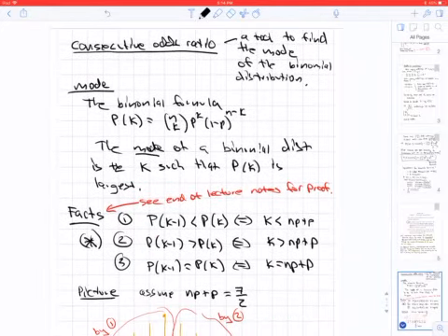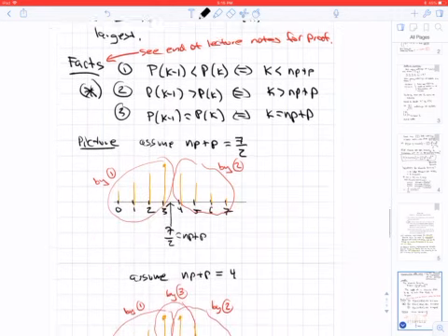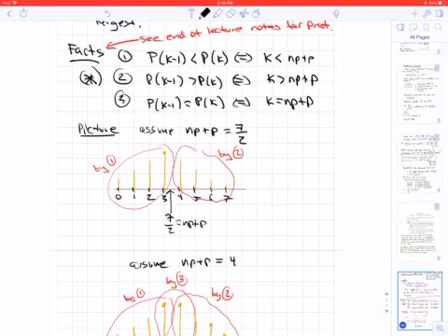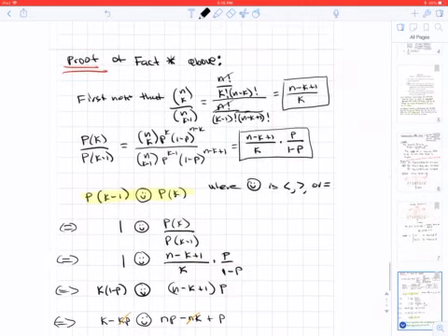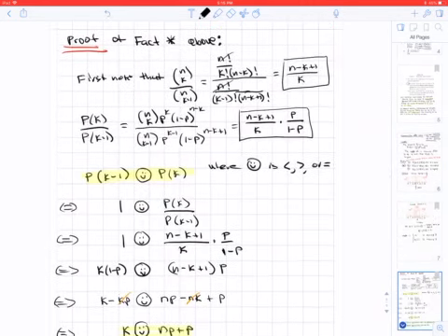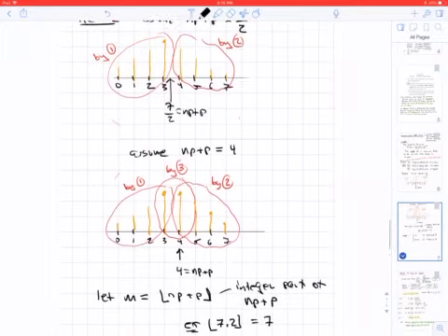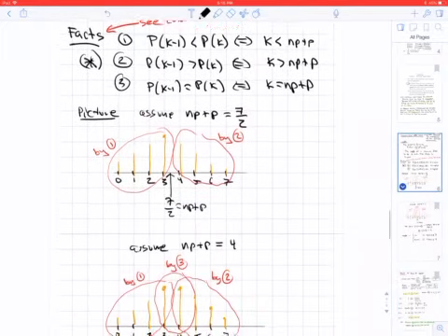We then looked at the consecutive odds ratio, which for us is just a tool to find the mode of the binomial distribution. And the mode is the most likely outcome. In other words, the k such that p of k is largest. So here we're going to use some facts that are proved at the end of the notes.